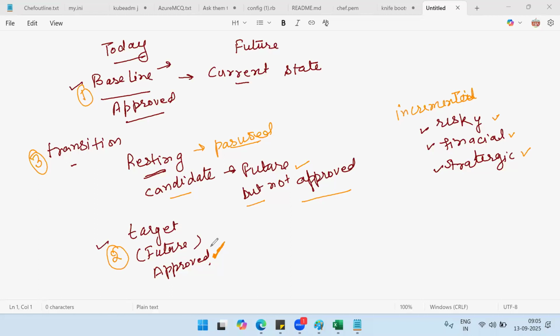Yes, it will be step by step. The target timeline is definitely more than the transition, because the transition is in between.